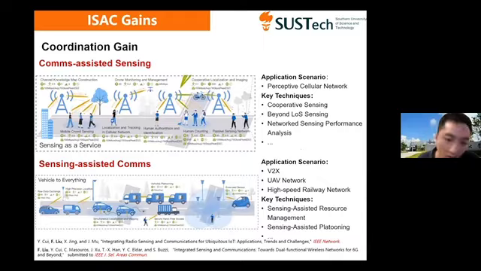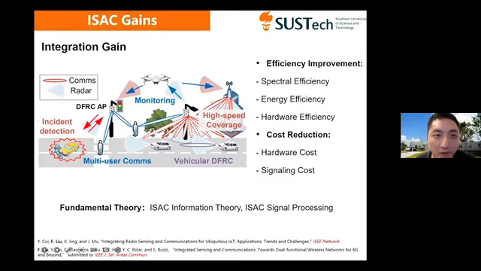We can monitor the movement and the variation of the vehicles or the channel by using active sensing in real time, and in that sense, we can assist the communication. There might be some key techniques here like sensing-assisted wireless resource management. In a vehicular network, we have sensing-assisted platooning and extended sensors and SLAM, of course. So this is the second gain, the coordination gain, which is an upgraded level of the integration gain, actually.